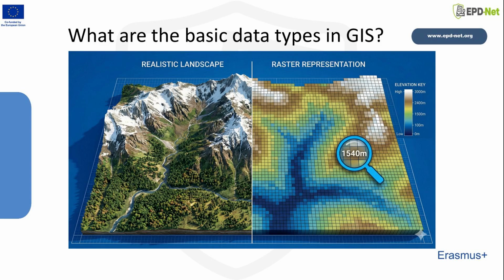Together with vector data, raster data forms the analytical foundation of GIS. While vector data defines planning units and spatial boundaries, raster data provides the continuous environmental information required to assess ecological processes, sensitivities, and risks. In this way, raster data supports evidence-based and environmentally informed planning decisions.